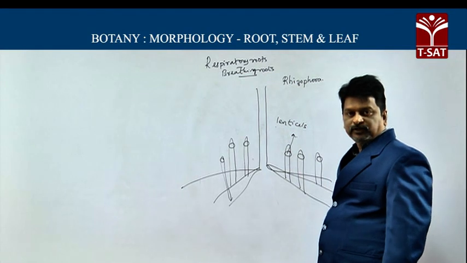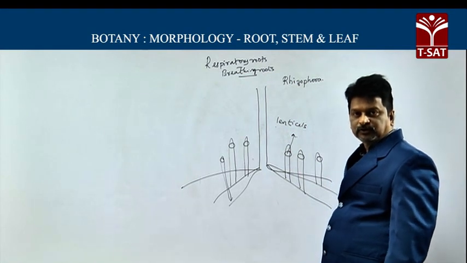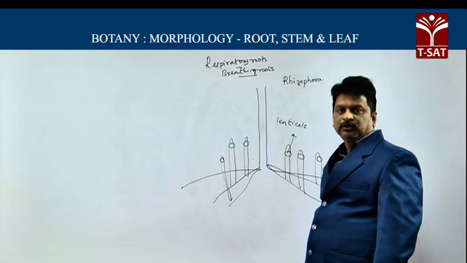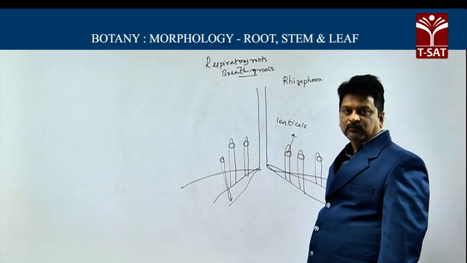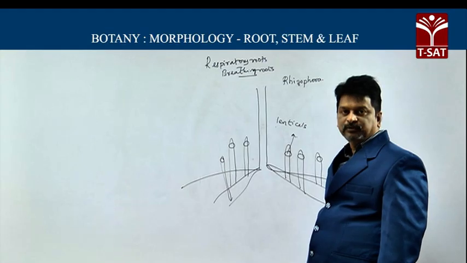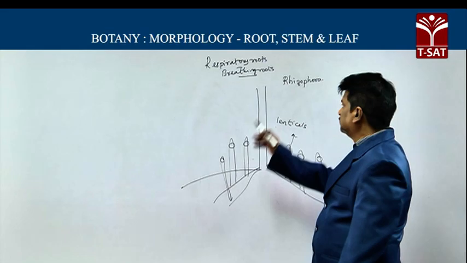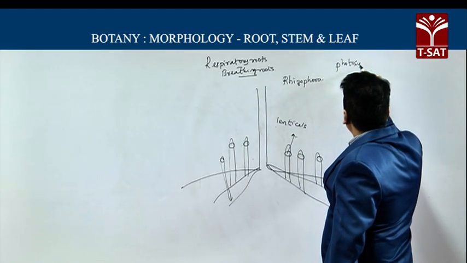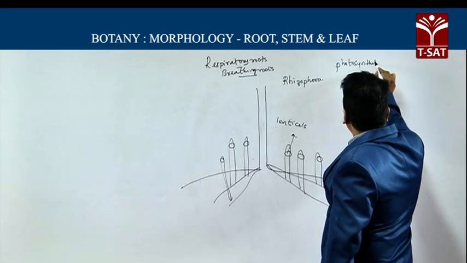And next modification, photosynthetic roots. Roots are normally underground, where light does not penetrate, so roots are non-green in color. But in some plants, the roots become aerial, above the ground.